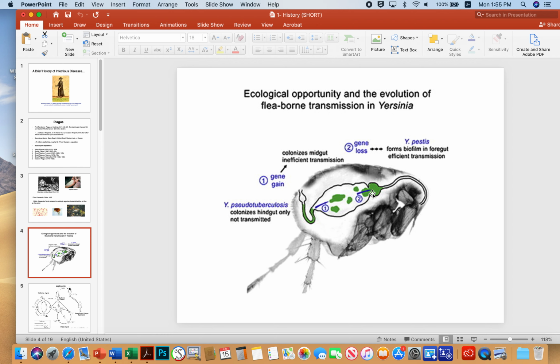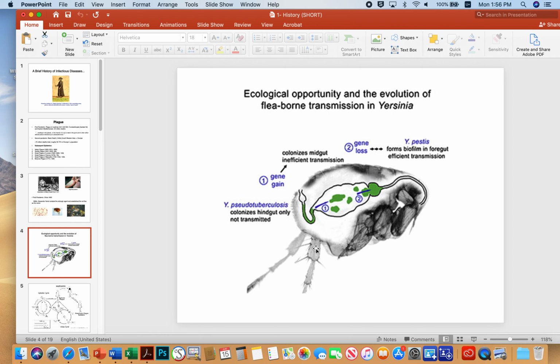And so as the flea starves because it's choking, it feeds more. And every time it takes a bite out of somebody, it regurgitates some of this biofilm into the bite. And so the ingenious way of Yersinia pseudotuberculosis evolving into Y. pestis and spreading itself is illustrated in this genetic series.